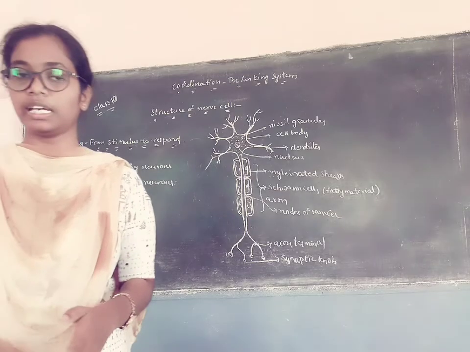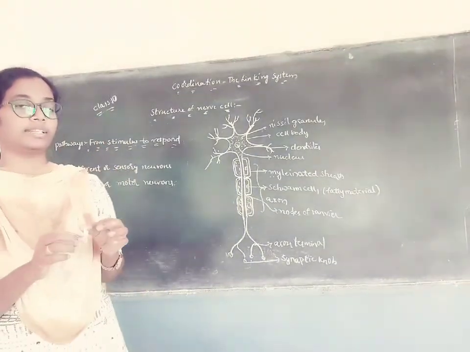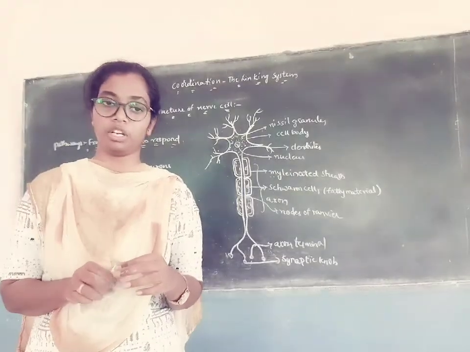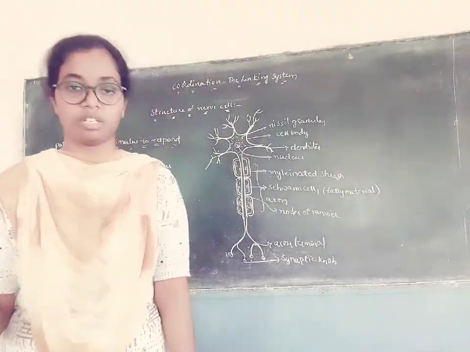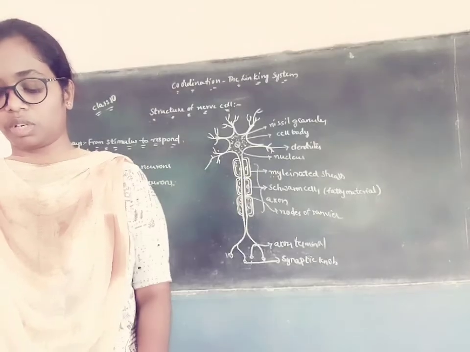Okay. So here in the previous activity, one person held the stick and the other one was trying to catch that stick when it was falling. Let me explain the afferent neurons first.